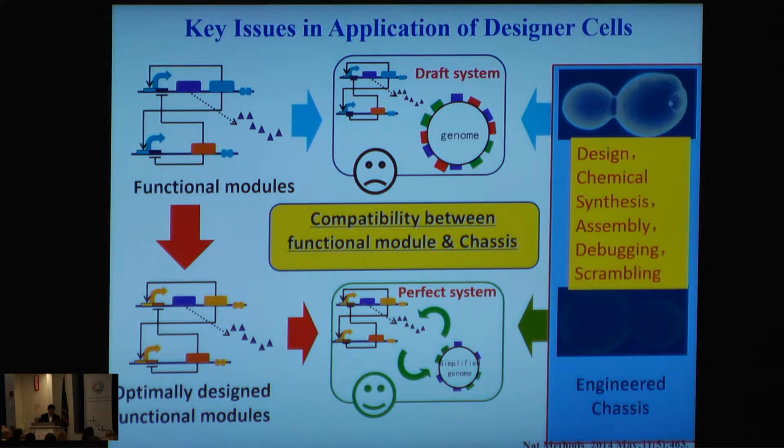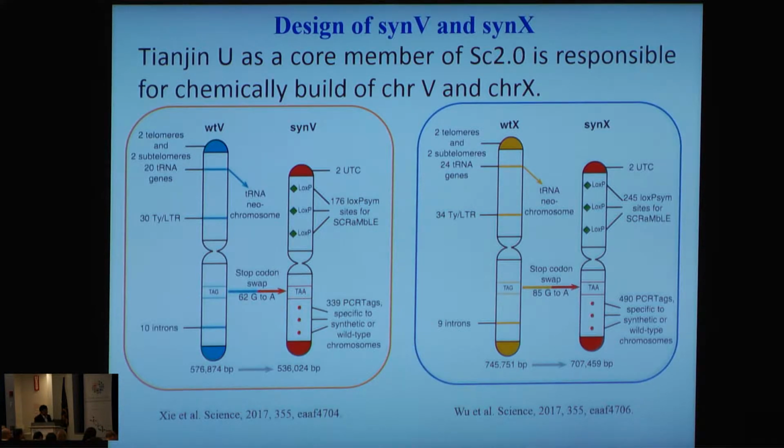For doing so, I would like to introduce this, by designing, chemical synthesis, assembling, debugging, and scrambling systems. TJU, as a core member of SC 2.0, is responsible for the chemical synthesis of chromosome 5 and chromosome 10. Here we show the features of this design.